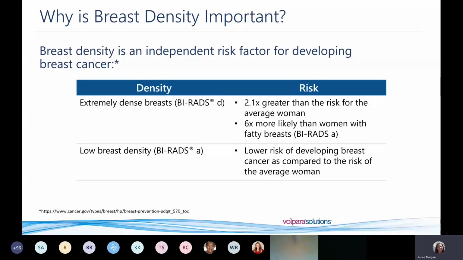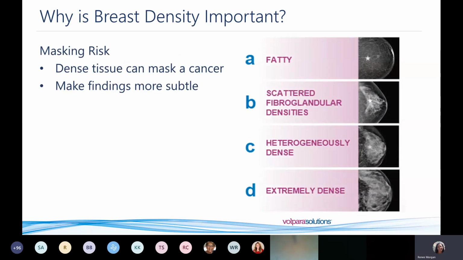Breast density is an independent risk factor for developing breast cancer. In an extremely dense breast, a BI-RADS D category, the risk is 2 times greater than the risk for the average woman, and 6 times more likely than women with fatty breasts. And in the lower breast densities, the BI-RADS category A, the risk of developing breast cancer is lower compared to the risk of the average woman. So very important as far as developing breast cancer.